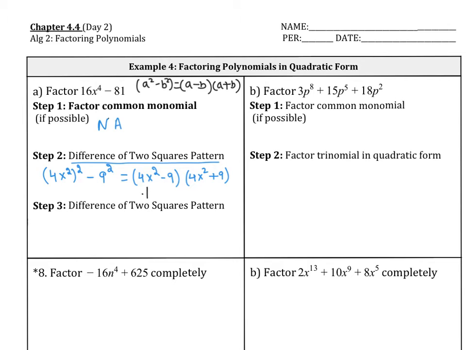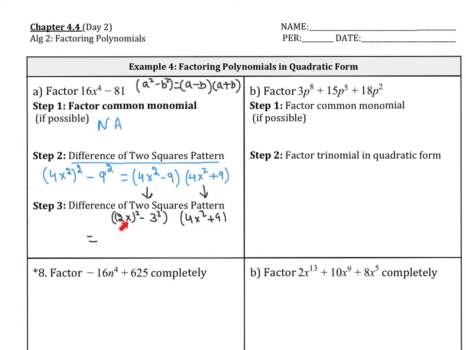Now we are going to write this as a difference of squares. So we're going to write this as 2x squared minus 3 squared, whereas this one remains as it is, 4x squared plus 9. You can further factor this as a squared minus b squared equals (a minus b)(a plus b).